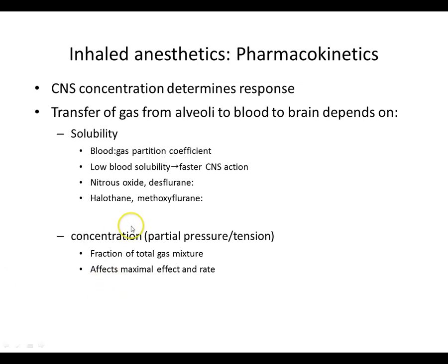So this can be helpful for drugs, for example, like some of these high solubility slow drugs like halothane. You can simply give a very high concentration initially to rapidly get them to the brain, and then you would taper off as the maximum level of anesthesia was achieved.